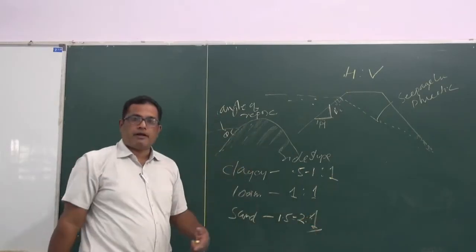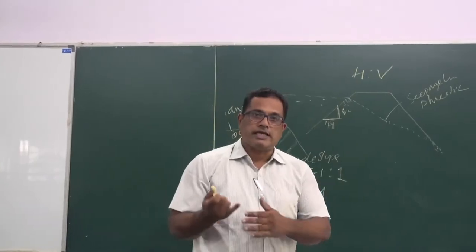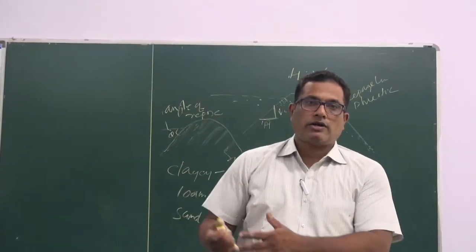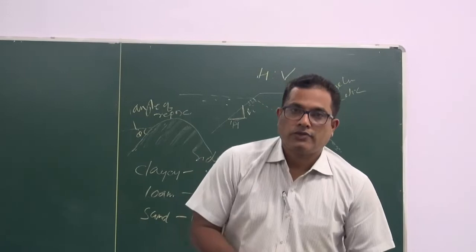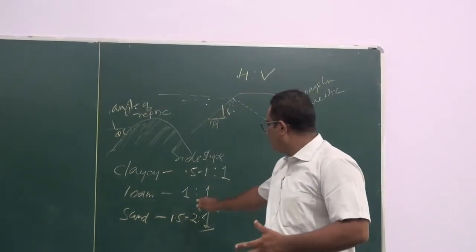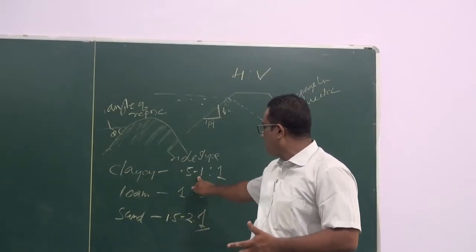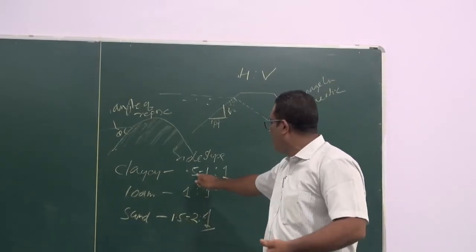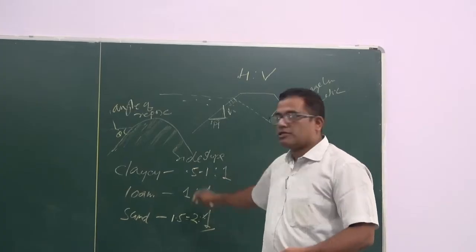Again, it will depend upon the type of the soil, whether the soil is alluvial, black cotton soil, or red soil. Red soils are more stable, so in the red soil region we can have 0.5 is to 1 or 1 is to 1.